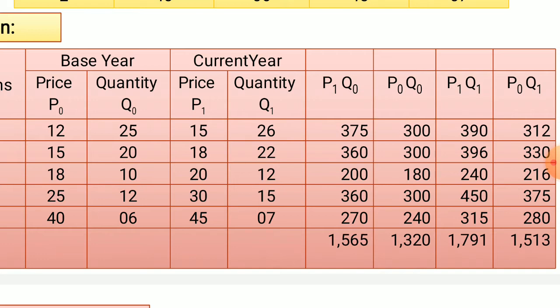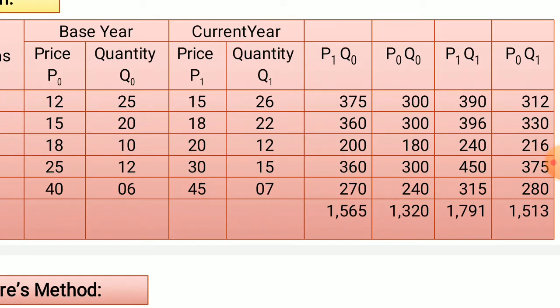Now take the sums of P0 Q1, P1 Q1, P0 Q0 and P1 Q0. Sigma P0 Q1 is 1513, sigma P1 Q1 is 1791, sigma P0 Q0 is 1320, and sigma P1 Q0 is 1565.